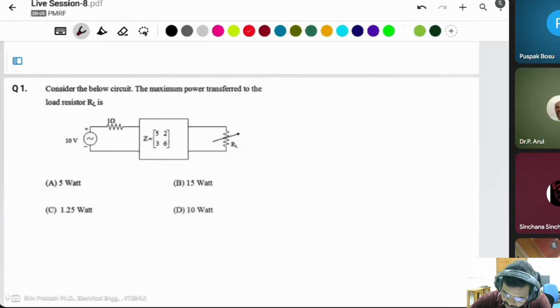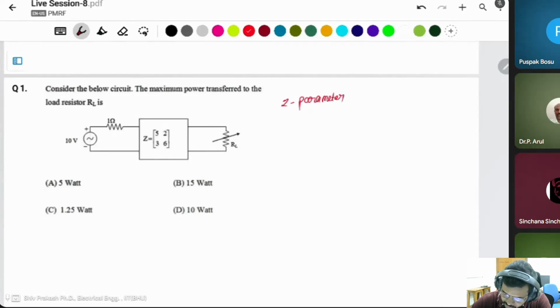You know about the Z parameter. There are two equations: V1 is equal to Z11 I1 plus Z12 I2, and V2 is equal to Z21 I1 plus Z22 I2.